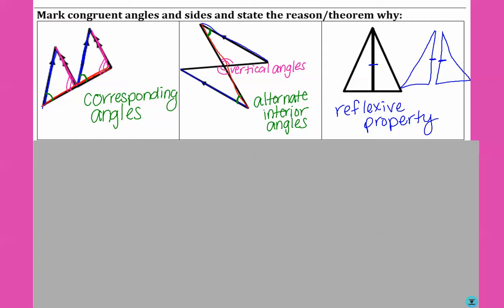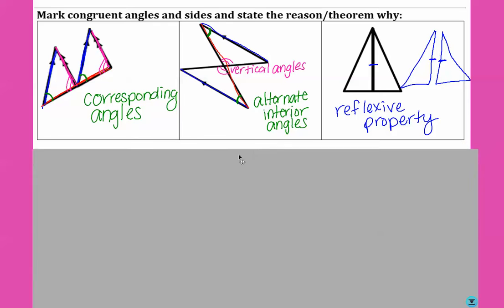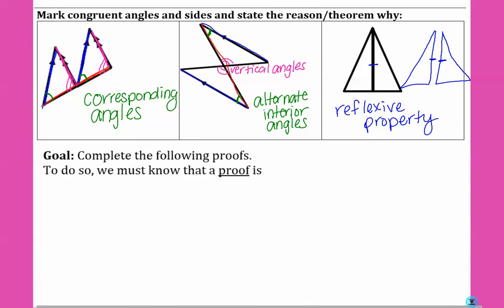So along with the new theorems that we've learned to prove that triangles are congruent, we're going to have to use some of the information we've learned in previous units to help us. Now, today's goal is to complete the proofs. So what exactly is a proof?